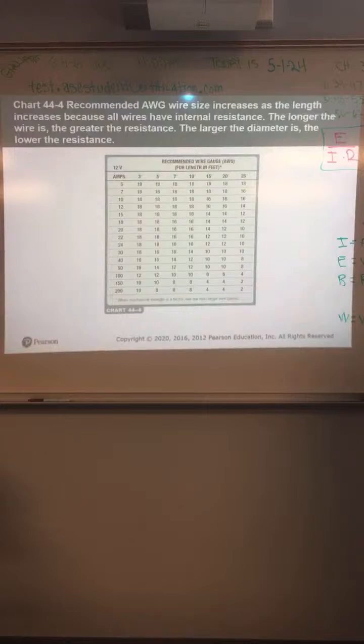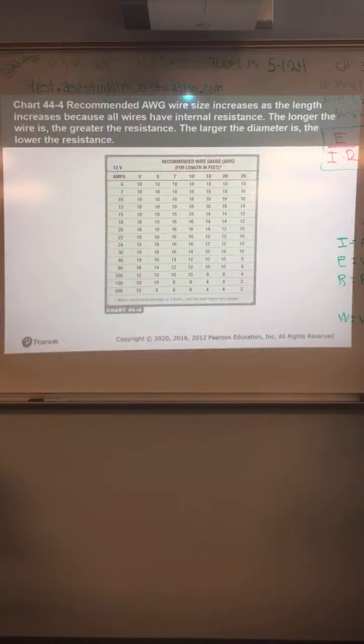Right, but my question is, does the resistance even itself out? You mean if you use the chart? No, because the longer wire, the greater the resistance. Right. The way you compensate for the higher resistance in the length of wire is by making a larger diameter.